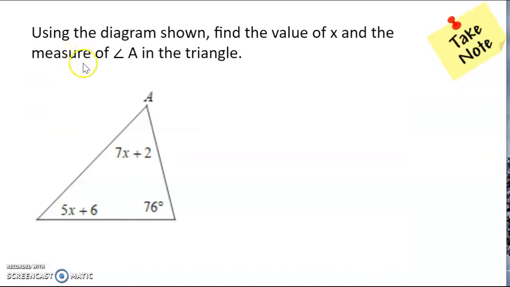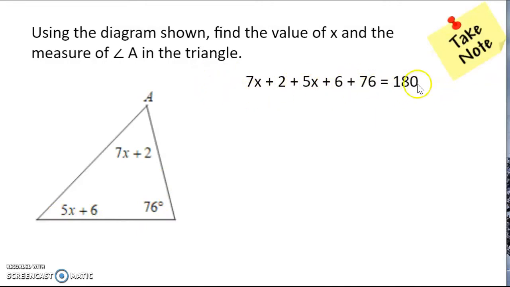So now we're going to use that theorem to do some calculations. If we have this triangle with some unknown algebraic expressions for angles, can we figure out what x is? Yes, we can, because we know that internal angles, all the angles inside the triangle, will always add up to 180 degrees. So put them together, 7x plus 2, 5x plus 6, and 76, you add them all up, and it should be 180 degrees.